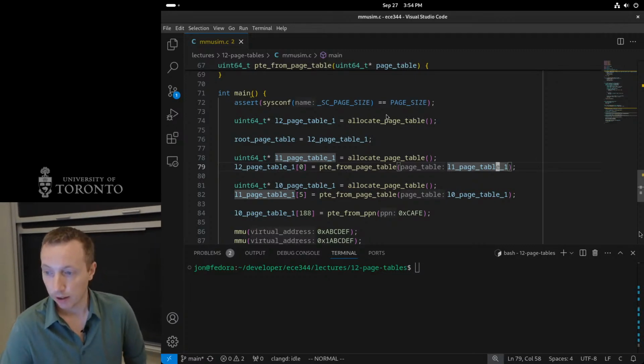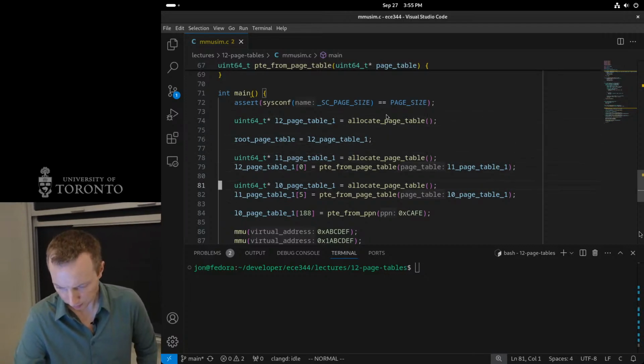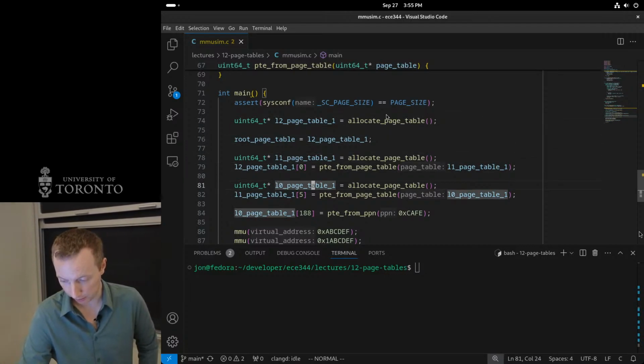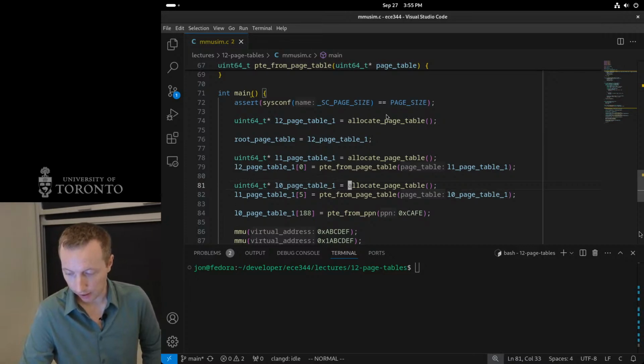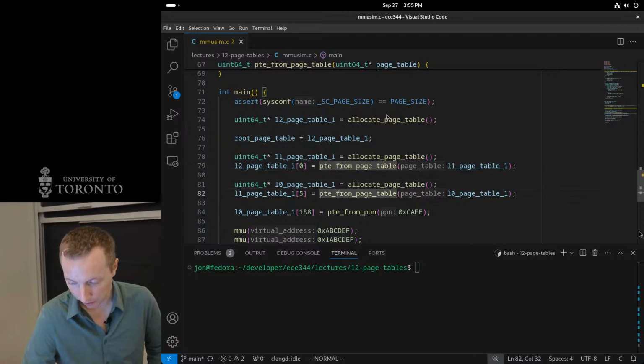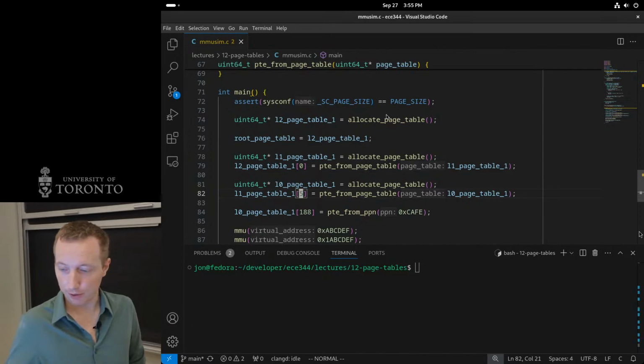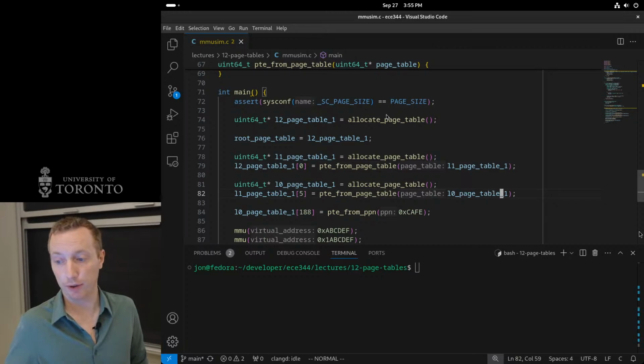Then here, since I'm translating a single address, I need an L0 page table. In the L1 page table, at index 5, and we'll see why I use exactly these indexes, I point to an L0 page table.